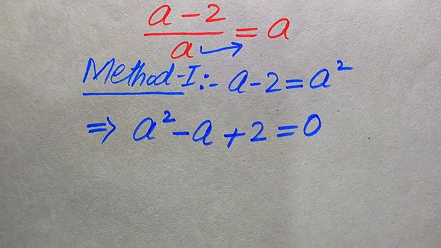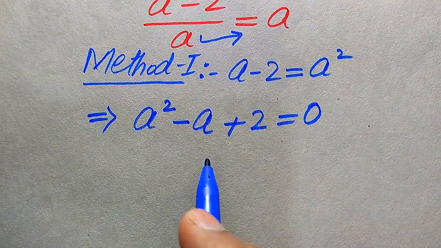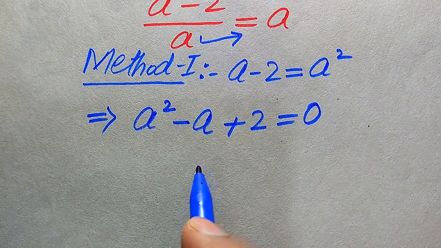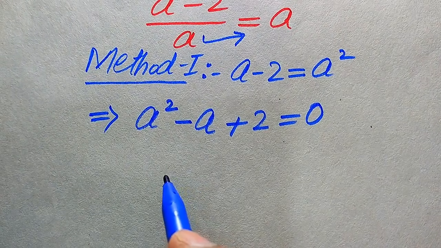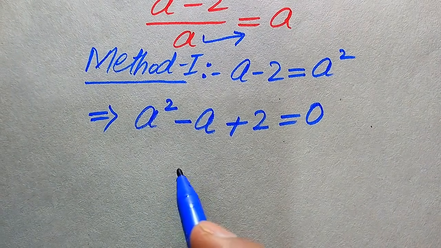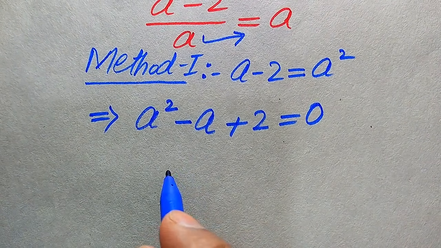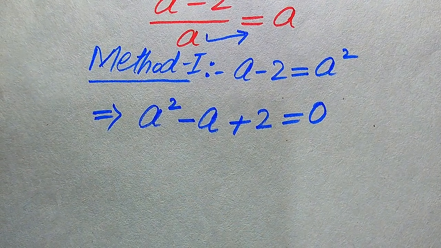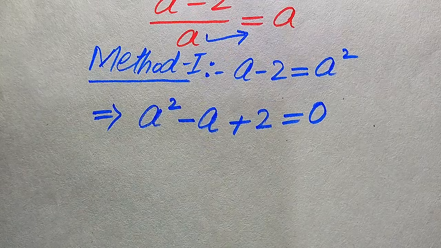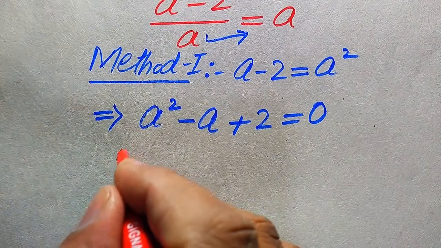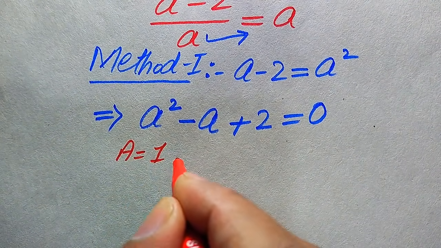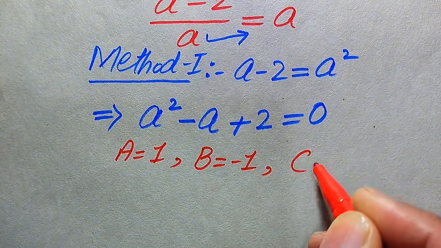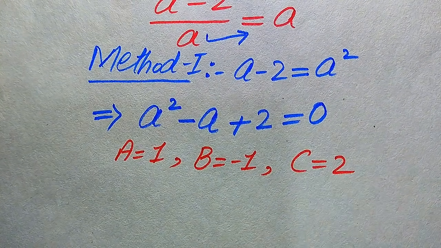So we know that there are three methods to solve a quadratic equation. The first method is the factorization method, the second is the completing square method, and the third is applying the quadratic formula. So here we use the quadratic formula. For this, first we need to write the coefficients of this equation: capital A is equal to 1, capital B is equal to minus 1, and capital C is equal to plus 2.